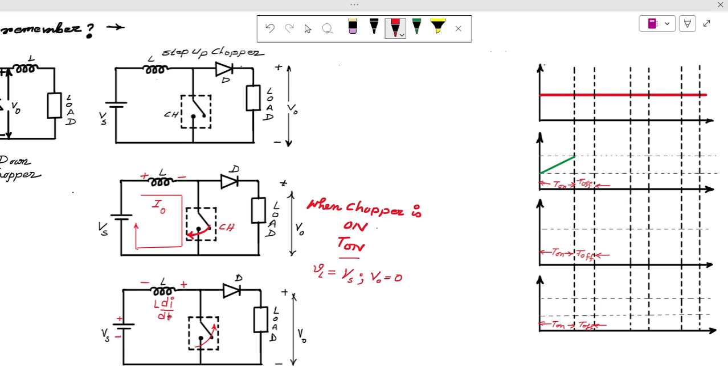So here it is L dI by dt, and Vs will be applied. There is no other path: the chopper is open, so it is directly connected to the load via the diode. So the voltage across V0 will be some value. What will be the value of the voltage and of the current, everything I will discuss. Look here, the voltage V0, write down again, when the chopper is off.